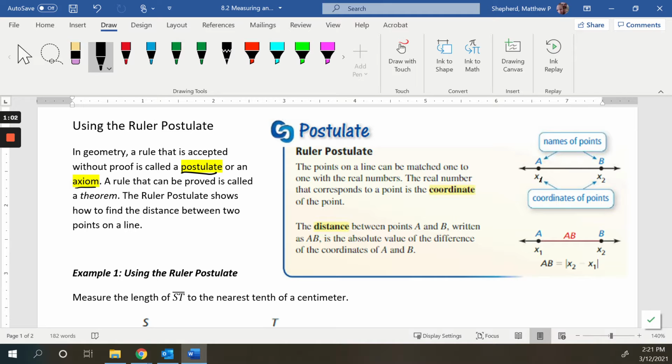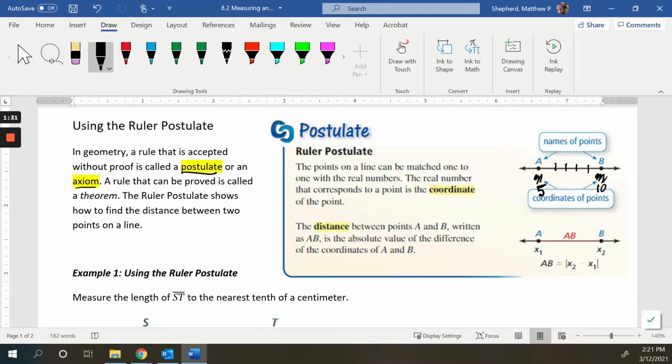Now rather than using x1 and x2 for right now, I'm just going to break this down and say on this line, we're going to say we can put numbers on this line at certain intervals. So let's say here where A is, that is a 5, and then over where B is, and perhaps we add several lines here, that B is at 10.